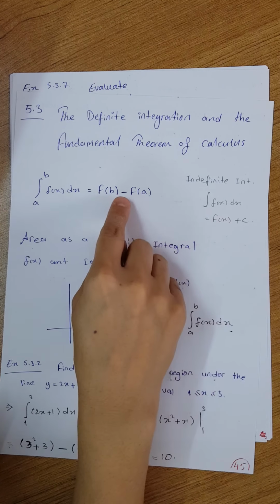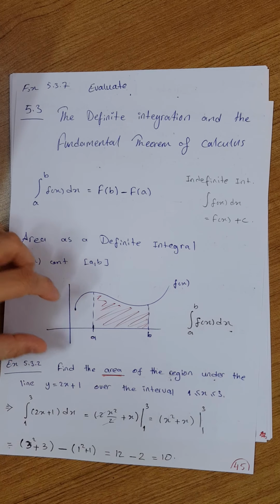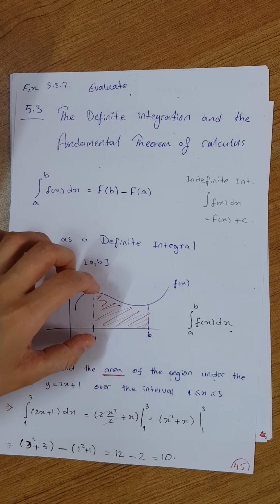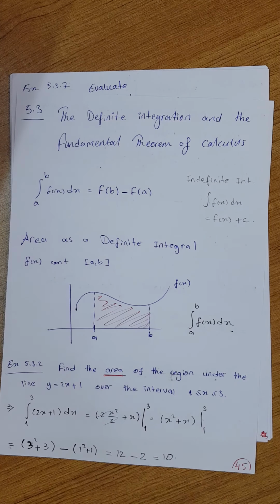And there's of course a negative sign between them. We said when we are talking about definite integration, we mean we are finding the area between a curve and the x-axis. So in general, if you say find that area or evaluate that integration, it gives you the same meaning, or you will get the same result.